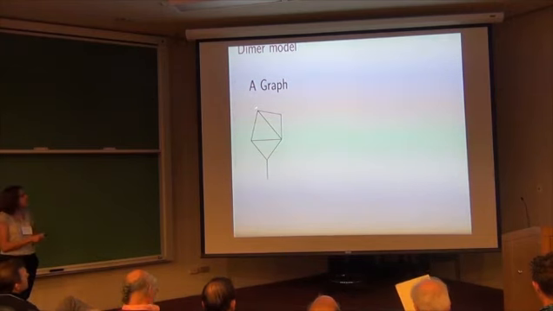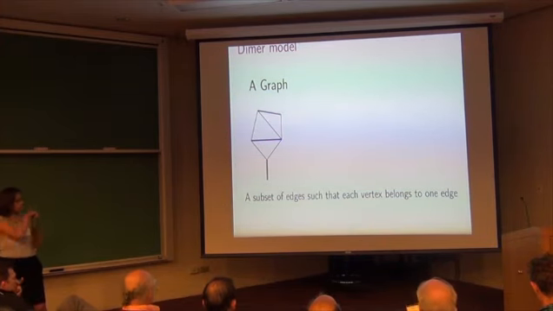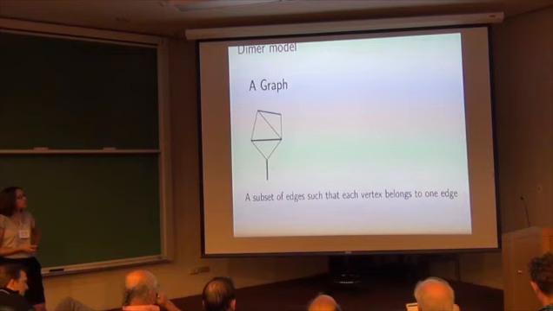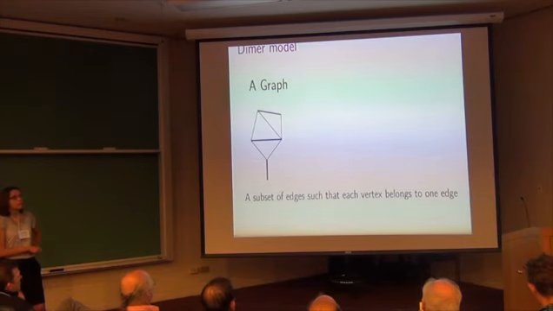You start with a graph that has edges, and a dimer configuration or dimer covering is a subset of edges so that each vertex belongs to exactly one edge. So here I have chosen those three edges, and one can check that all the vertices of my graph are covered by exactly one edge.